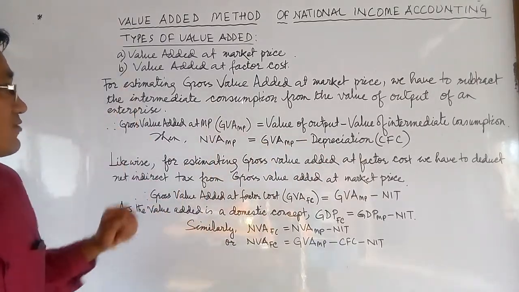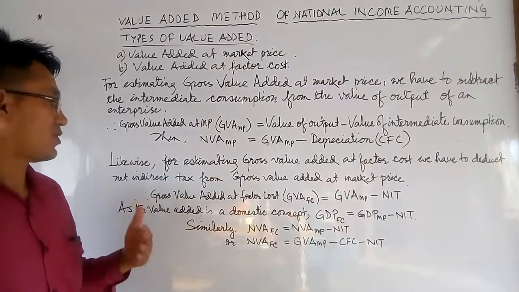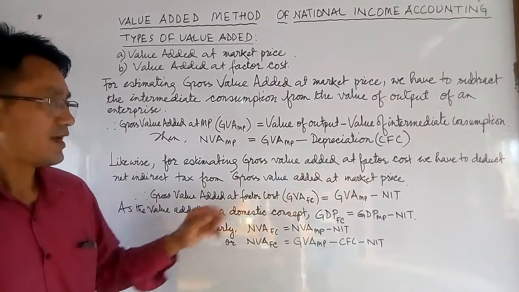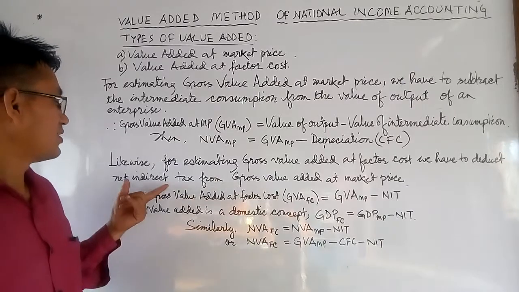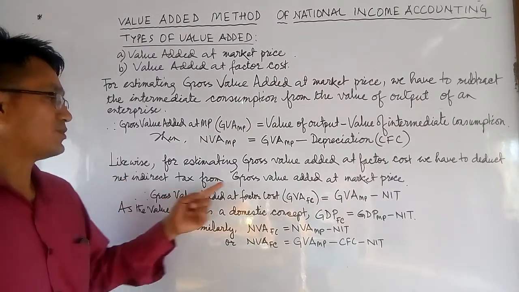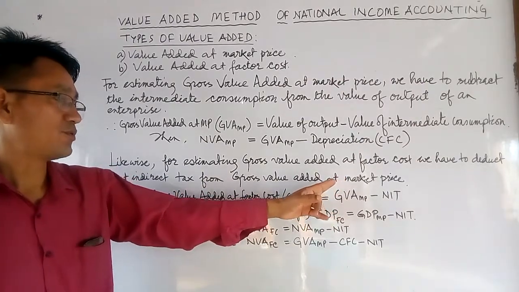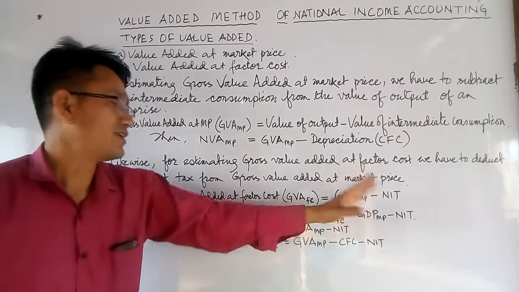Then for the second one, value added at the factor cost. Likewise, in the same manner, for estimating the gross value added at factor cost, we have to subtract the net indirect tax from the gross value added at market price. So from market price, to get the factor cost, we have to subtract the net indirect tax.